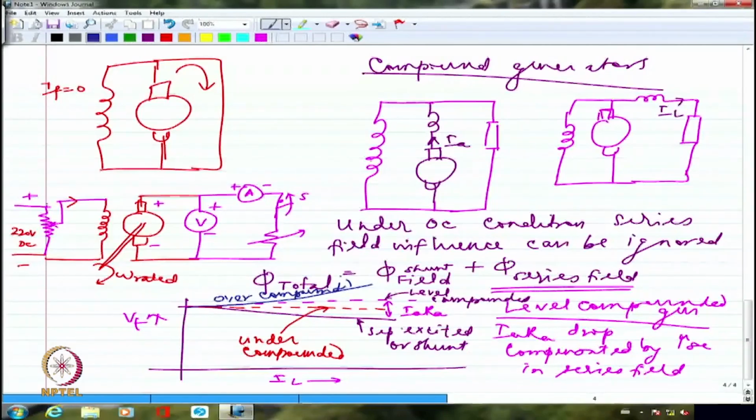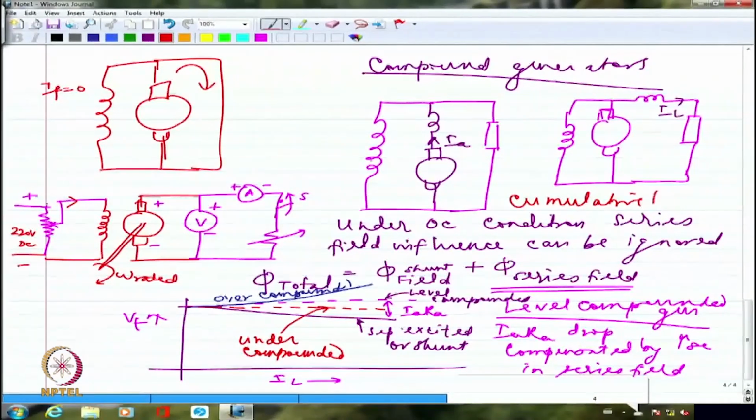So in all these cases, please note that the total flux after I pass the current through the series field is more than the original shunt field flux. The total flux is greater than the original shunt field flux, so this is added cumulatively. We call this a cumulatively compounded generator in general.